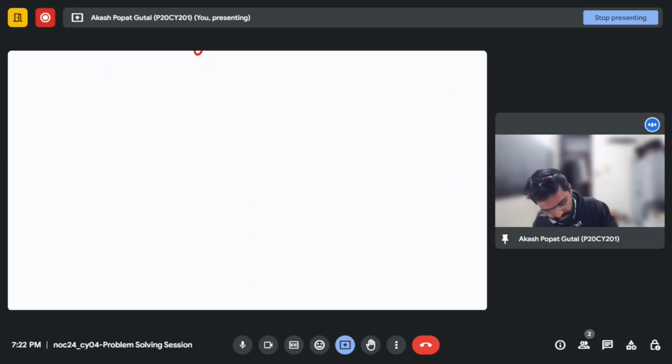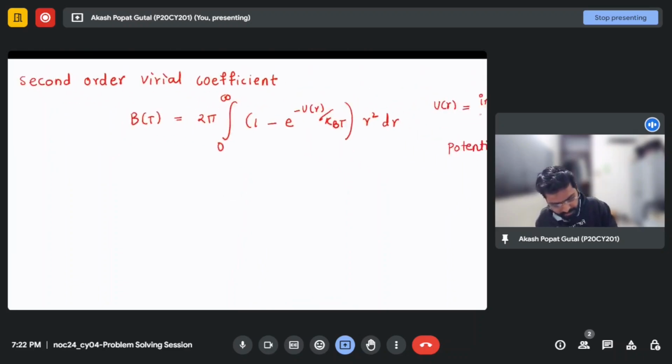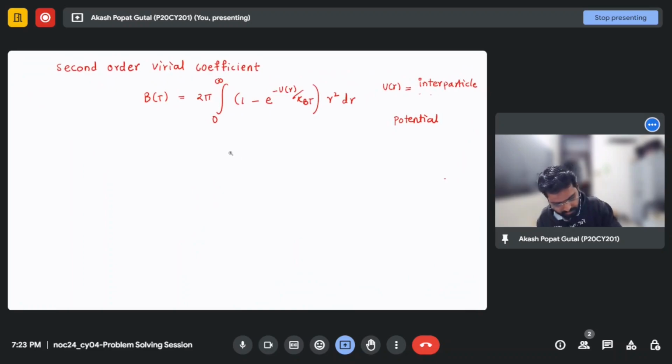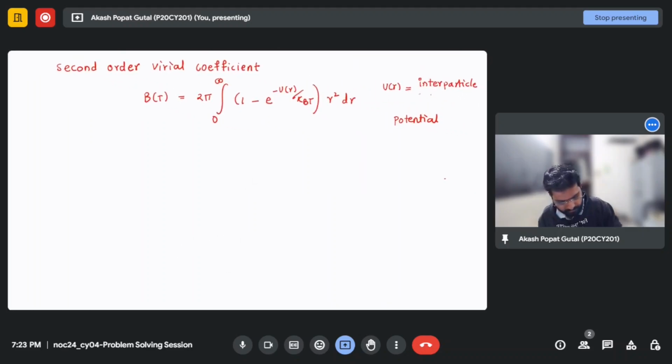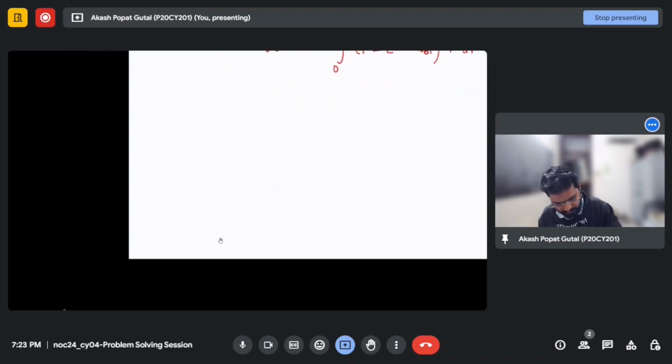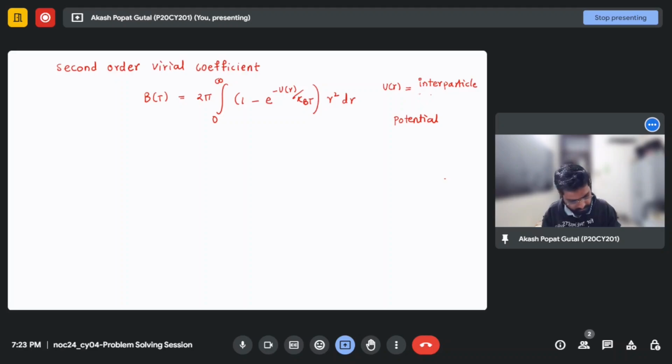So for a real gas which follows the van der Waals equation, for that gas the value of B is, for the real gas, this second order virial coefficient can be given as b minus a by RT.